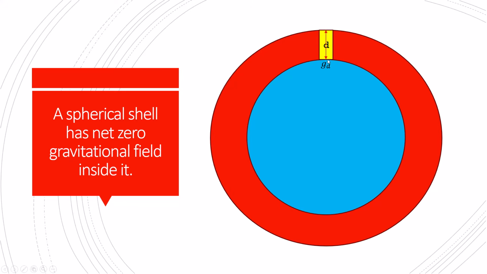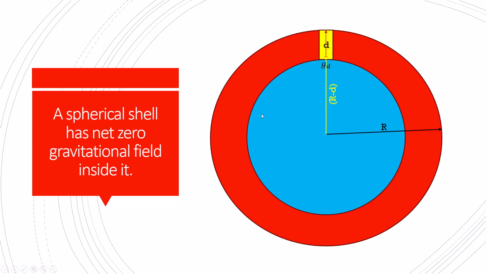Or we say at depth d from the Earth's surface the acceleration due to gravity is gd. This is the radius of the Earth, and the remaining smaller radius is r minus d.